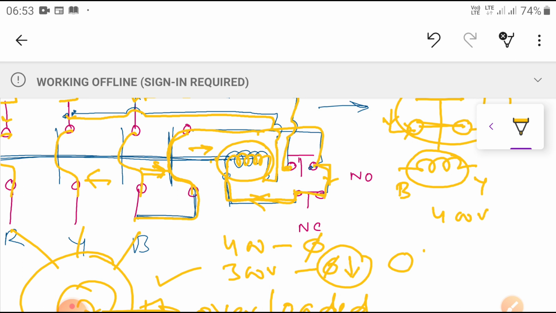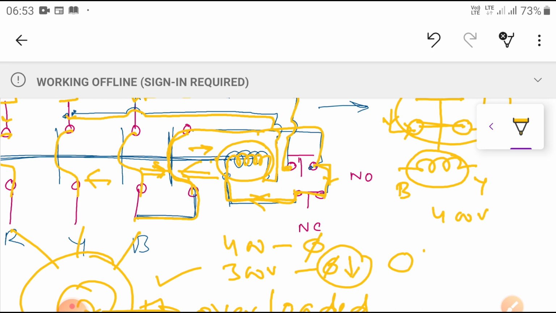Due to the spring action, the contacts will move in this direction. Then the current connected to the motor is opened here. In such a way, overload and under voltage protection is provided for our induction motors in all starters.